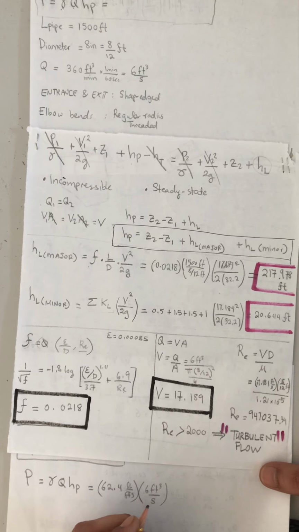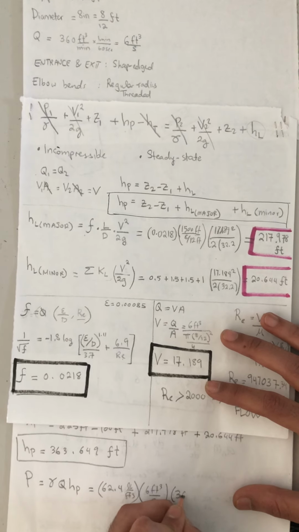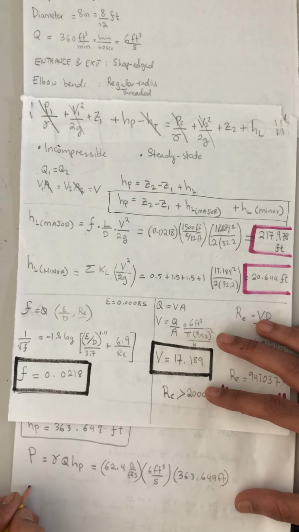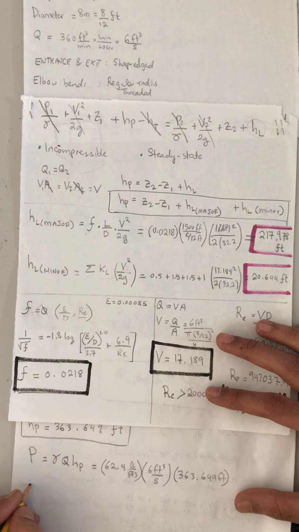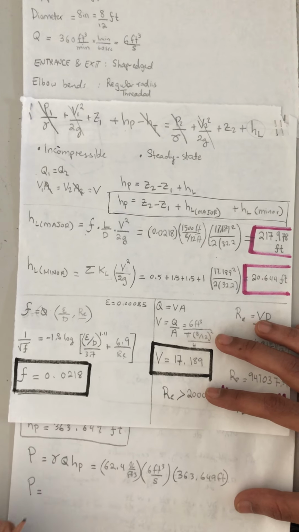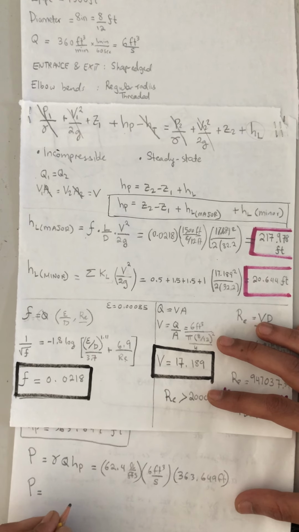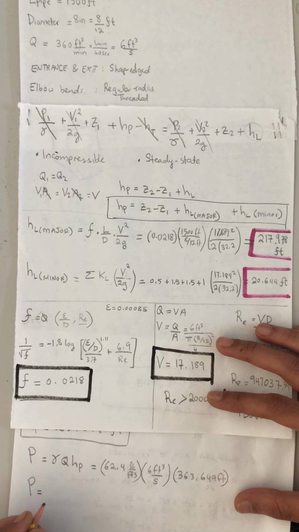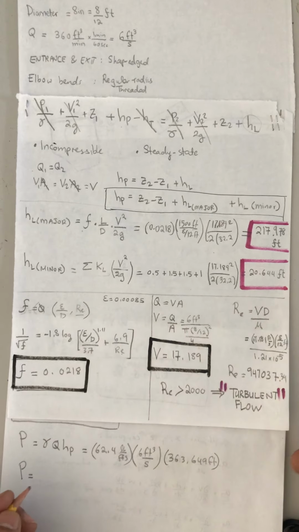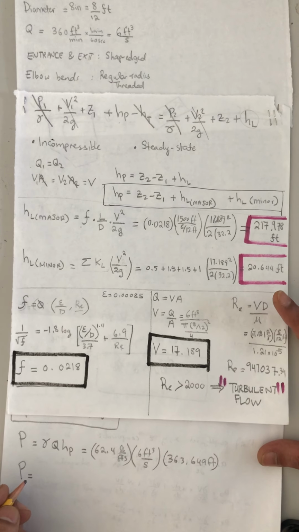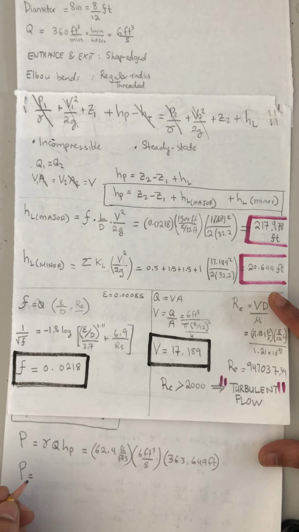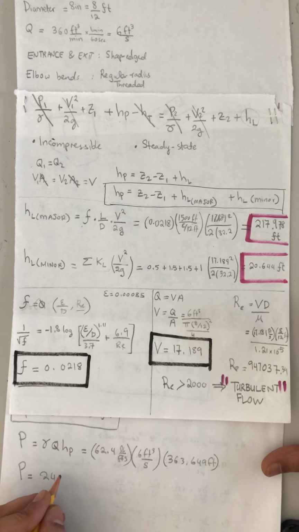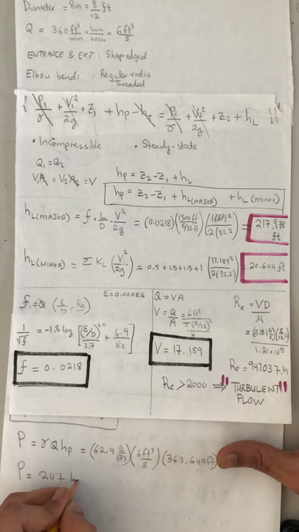And our head gain is 363.649 feet. This value comes out to 47 horsepower.